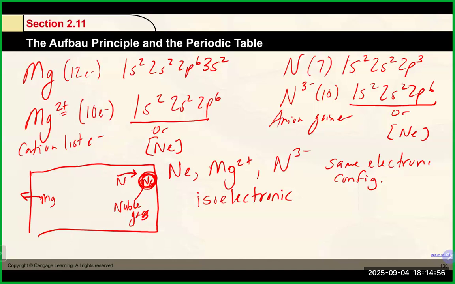Now, does nitrogen, for example, or magnesium, does it become neon in this case? It does not. It just has the same electron configuration as neon. It is still nitrogen and it is still magnesium, because out of protons, electrons, and neutrons, which one is most important in terms of what element it is? It is the number of protons, right? The atomic number.